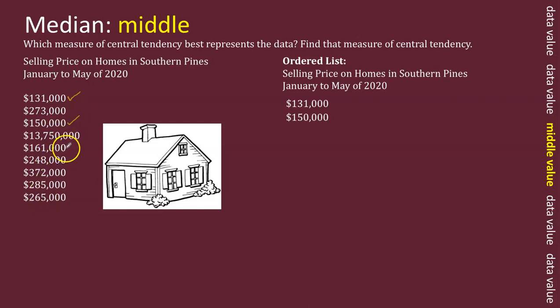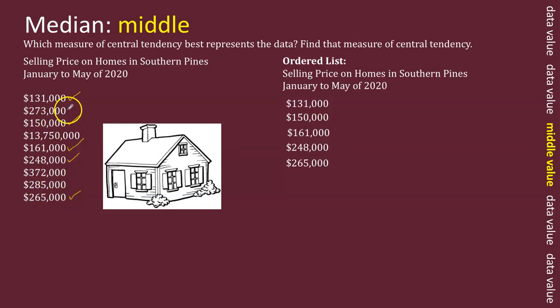After that, I think it's the $161,000, yes. All right, after that, I don't see any more of the 100s, so I'm going to go into the 200s, so I see this $248,000 home. Okay, in the 200s, I think this $265,000 home is next.